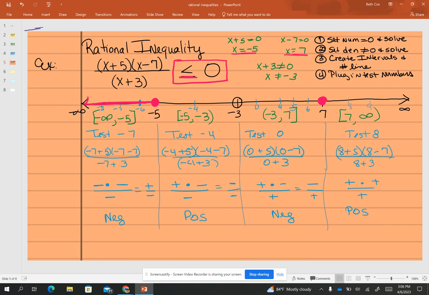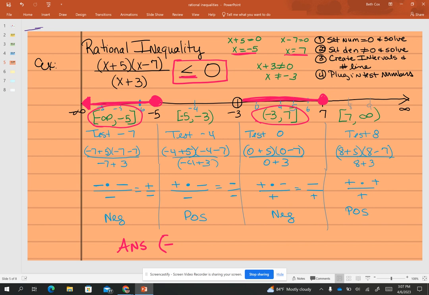These numbers produce negatives. That's part of my answer. These numbers produce negatives. That's part of my answer. Okay. And equal to 0, well, the negative 5 equals 0, and the positive 7 equals 0. So my official answer is these two sections.